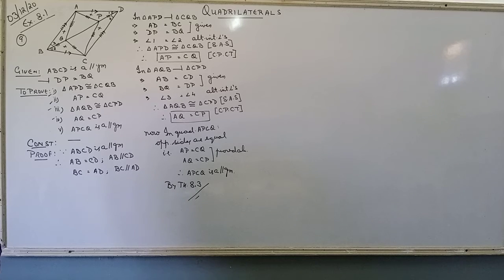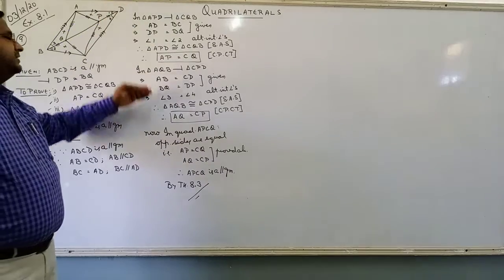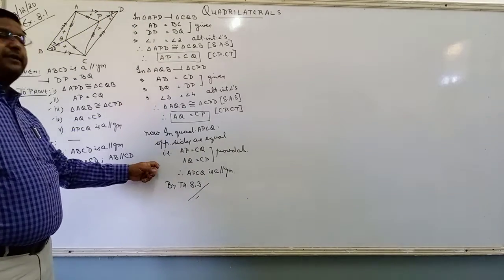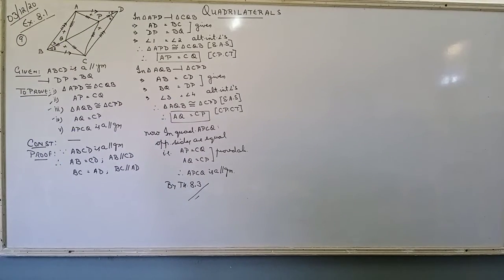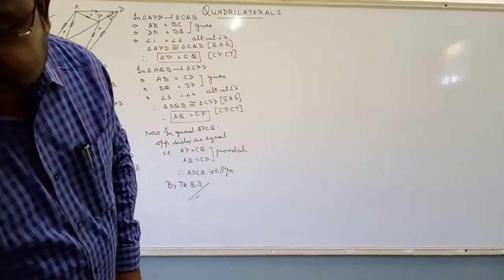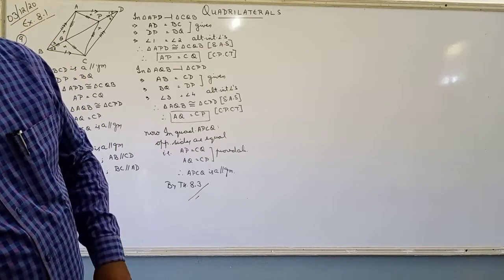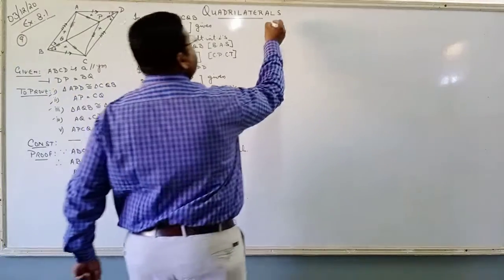Can you see that? Clear? So all of this is your observation based on the 7th chapter, and in the last statement we have to check whether it is a parallelogram or not. Right? Question number 10. Same. ABCD is a parallelogram. AP and CQ are perpendiculars from vertex A and C. Question number 10.